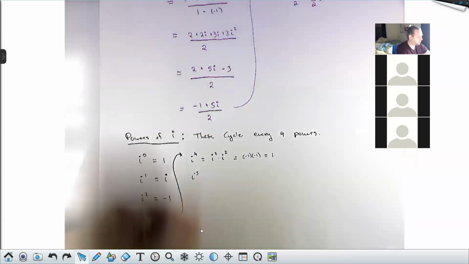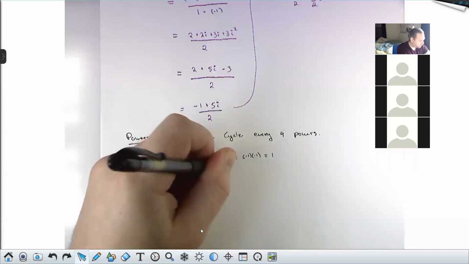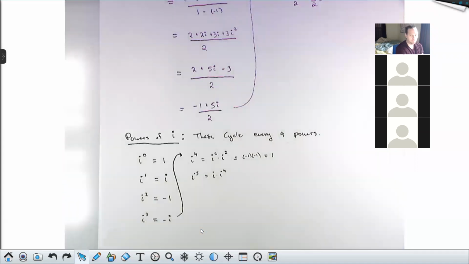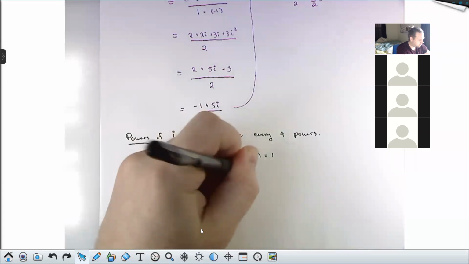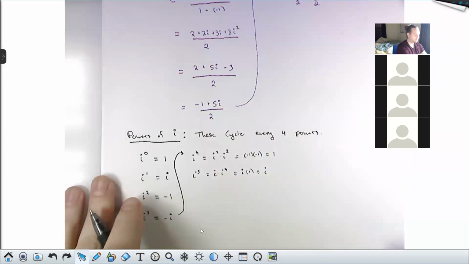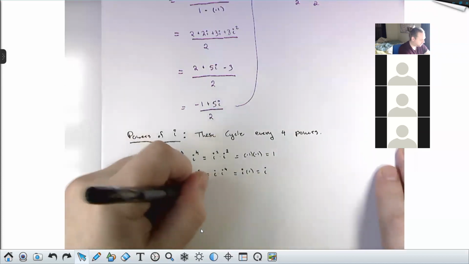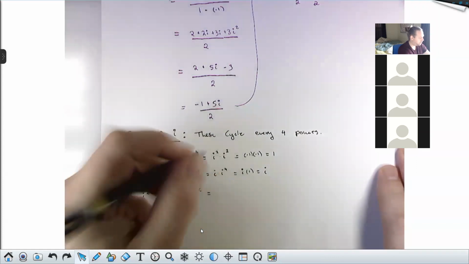i to the 5, well, that's i times i to the 4. And since i to the 4 is 1, this is just i. i to the 6, you can probably see where this is going now. A bunch of ways to do this.